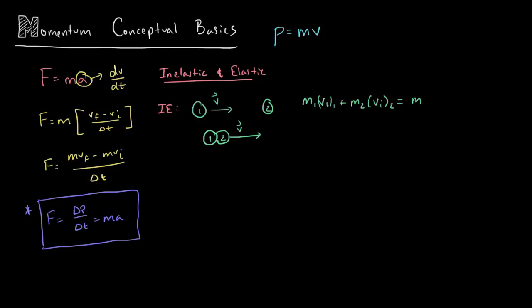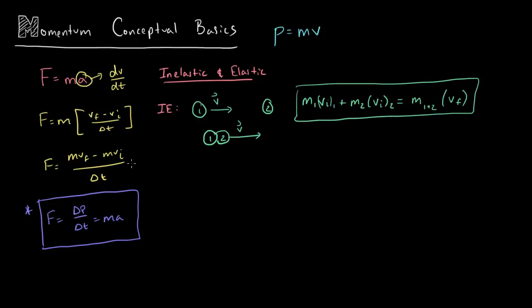Your m final is the mass of both of them added up, m1 plus m2, multiplied by the v final of both balls, because they're combined. Remember, in inelastic they're going to be combined. Think about it like clay balls. So that's the easy way, and from that you should be able to get most of your calculations.